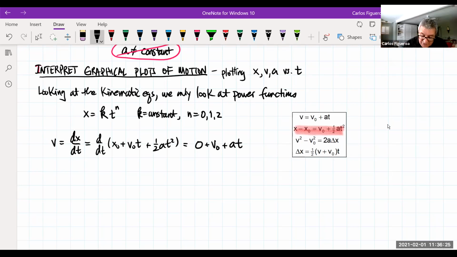So in other words, I get back that graphical result that we just answered in the previous chapter.